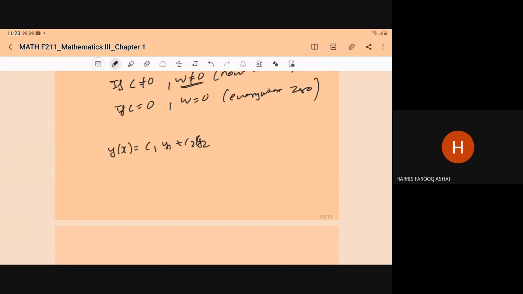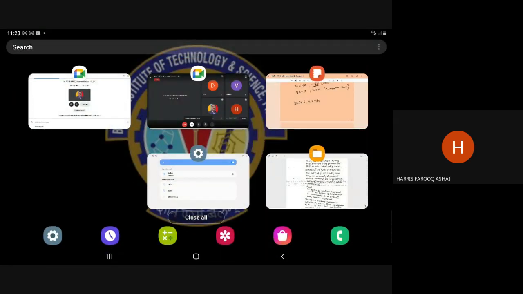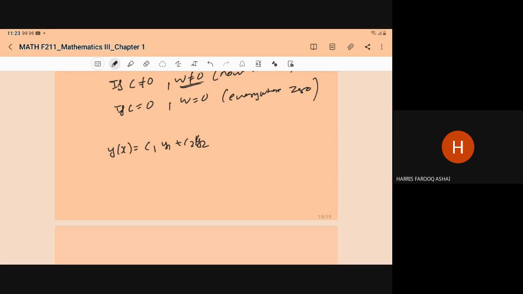Now in the theorem it is given that y1 and y2 must be linearly independent, then only can we write this as a general solution. So how is linear dependence or independence related to the Wronskian? In the case of linear independence only, the determinant of y1 y2 y1 dash y2 dash can be non-zero.